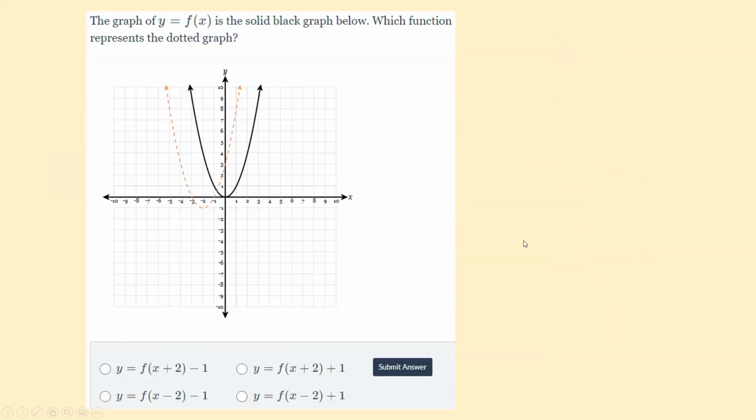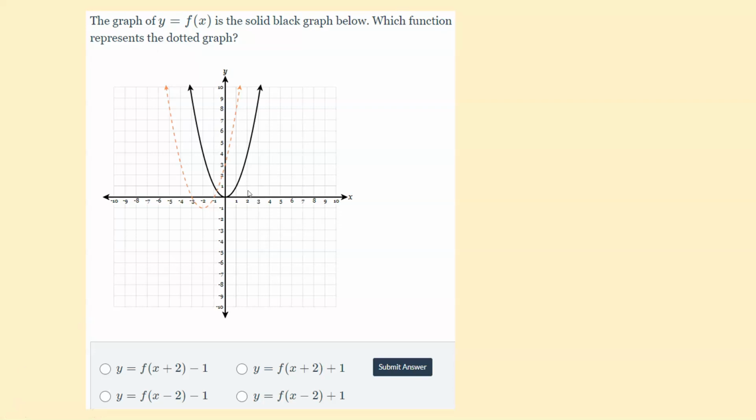So let's look at some examples here. The graph of y equals f of x is the solid black graph below. So this right here, in this case, is our parent function, the quadratic parent function. Which function represents the dotted graph?